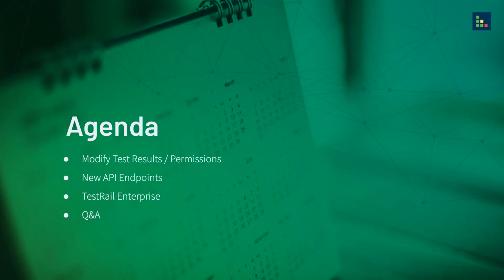We're also going to spend some time talking about our new enterprise features, what they are, how they work, and how you can get them, if you haven't done so already. Also, we'll try and take some questions at the end of the webinar, as I mentioned already. So if you do have questions, please remember to post those into the GoToWebinar console.